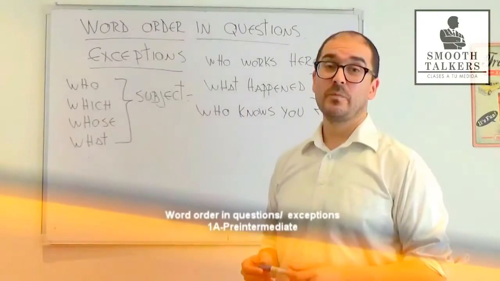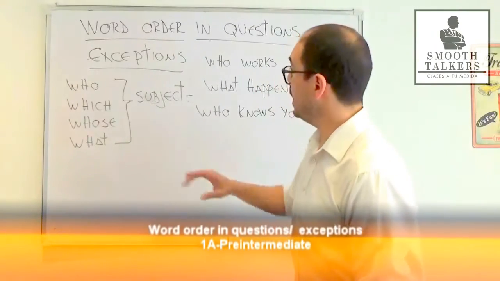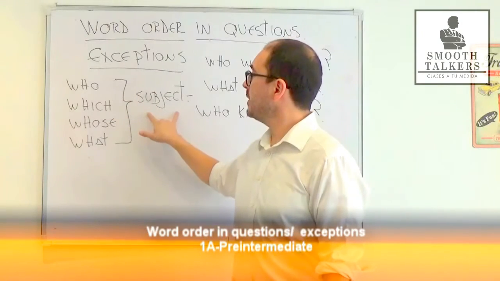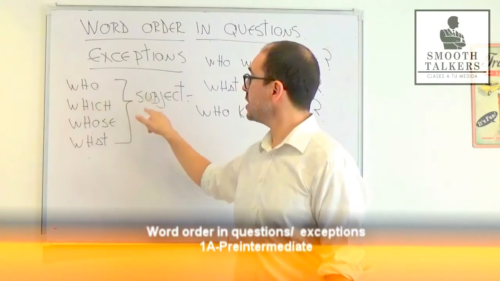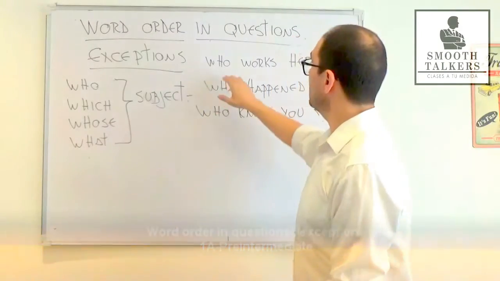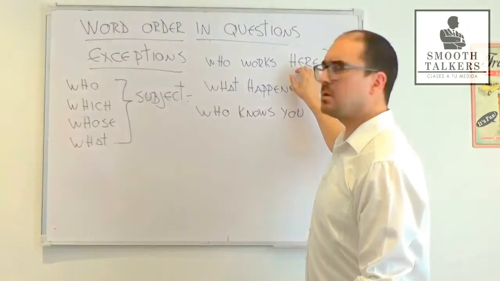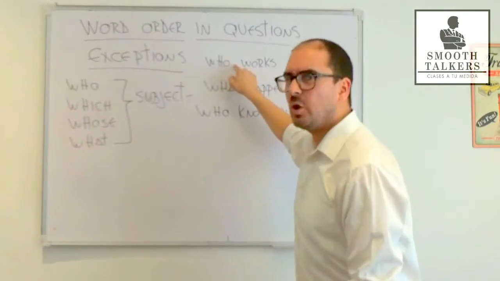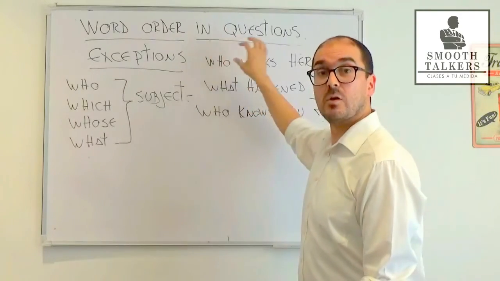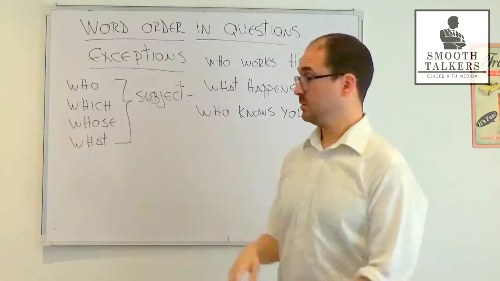Like any rule, we have exceptions. But it's not really difficult, okay? The exceptions are when the question word is also the subject of the phrase. So let's take a look at this question. Who works here? No auxiliary. Who is also the subject of the question. Why? I work here.